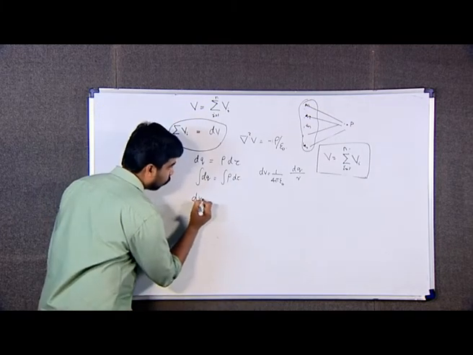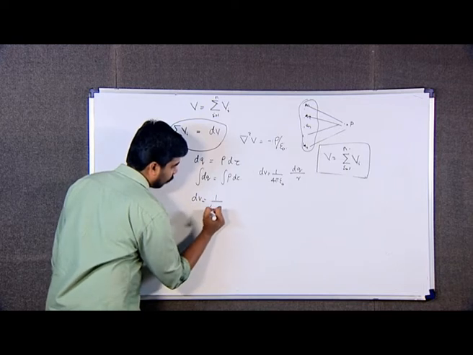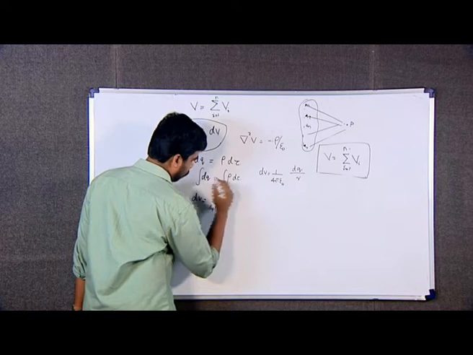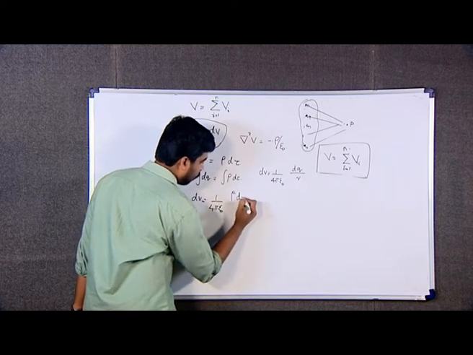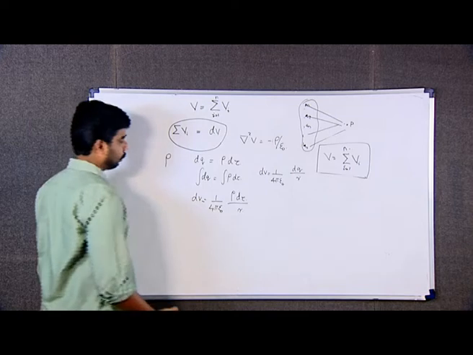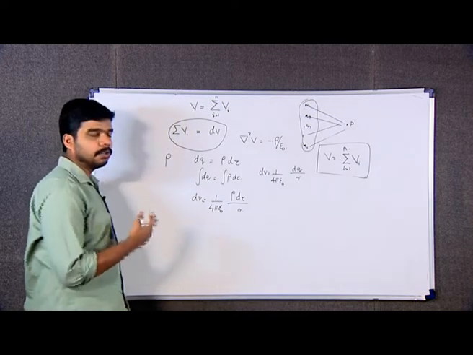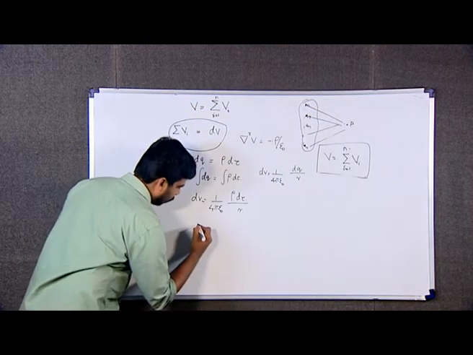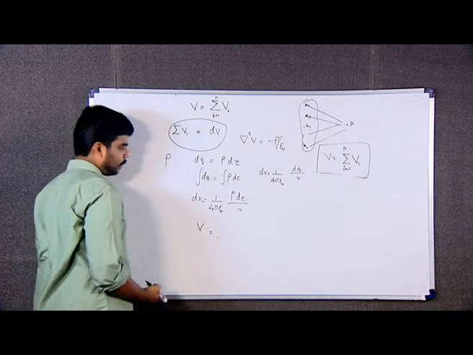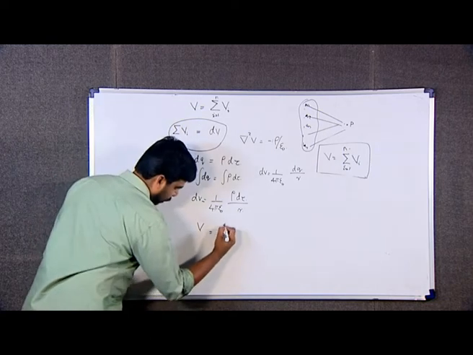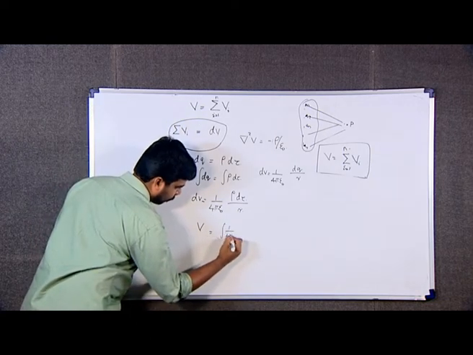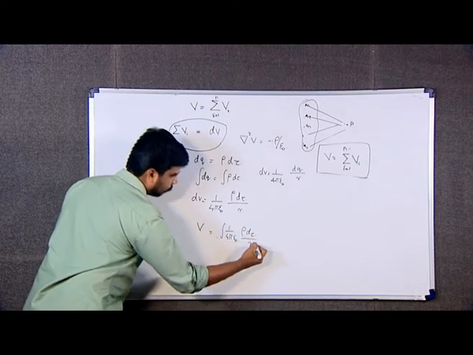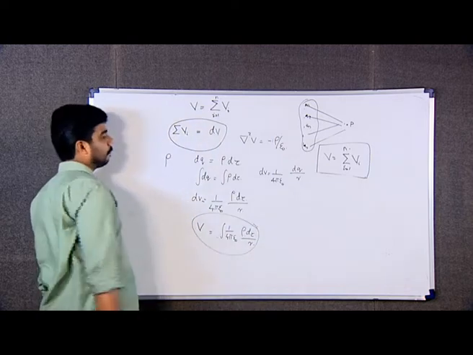So, dV is equal to 1 by 4 pi epsilon 0 rho d tau by r. What is the total potential produced due to this volume charge distribution? The total potential V is equal to the integral of 1 by 4 pi epsilon 0 rho d tau by r.